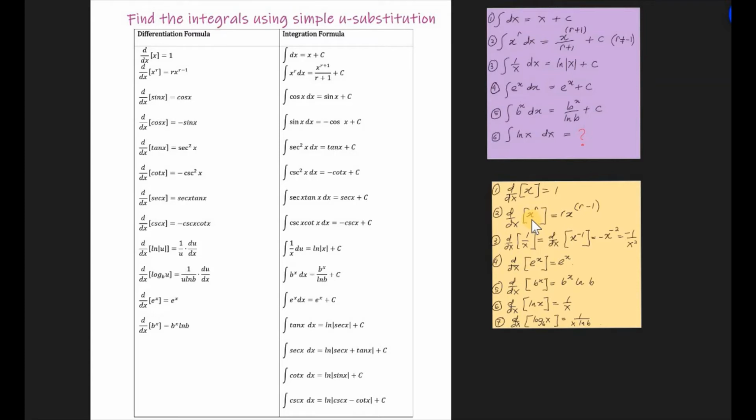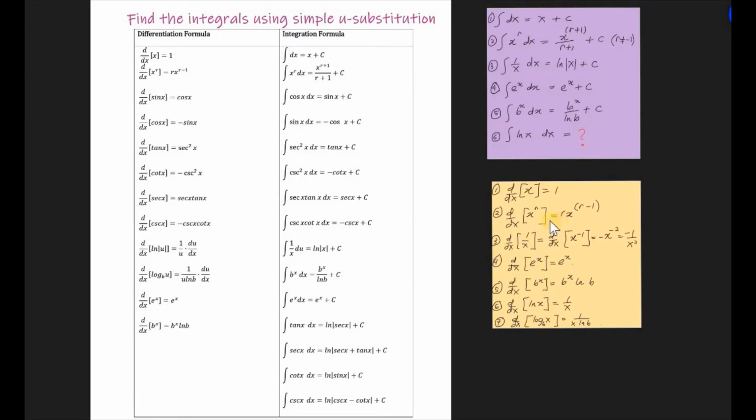Another one. In order to differentiate x power r, the basic formula is r x power r minus 1. And if you are integrating this term, you'll get back x power r. But the basic formula to integrate x power r is x power r plus 1 over r plus 1.